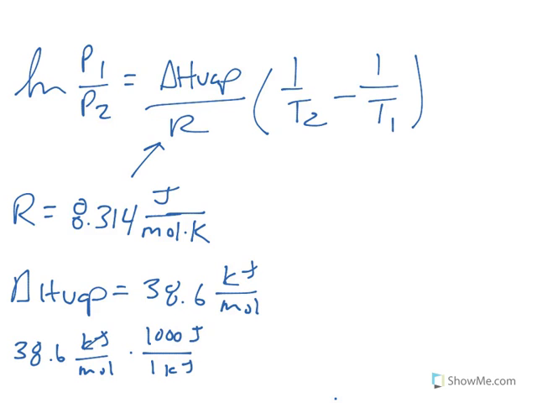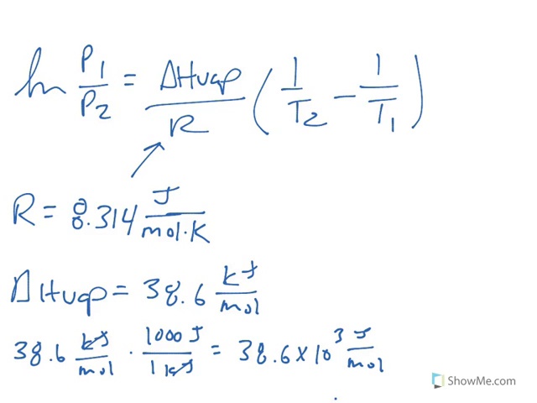So my kJs will cancel, and all I have to do is multiply my 38.6 times 1,000, which is 38.6 times 10 to the third joule per mole. So that's the delta H of vaporization that I'm going to use.